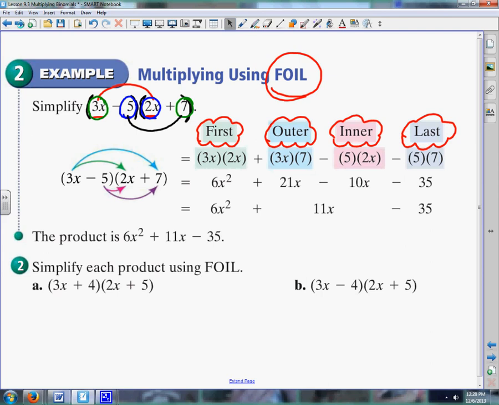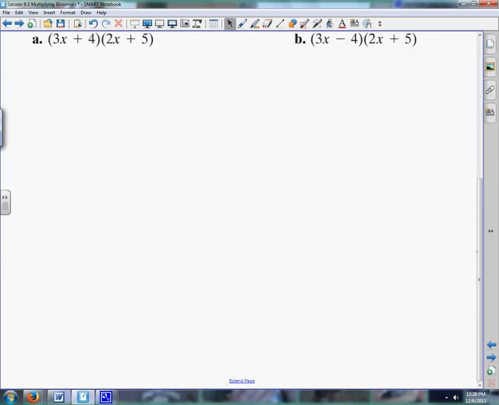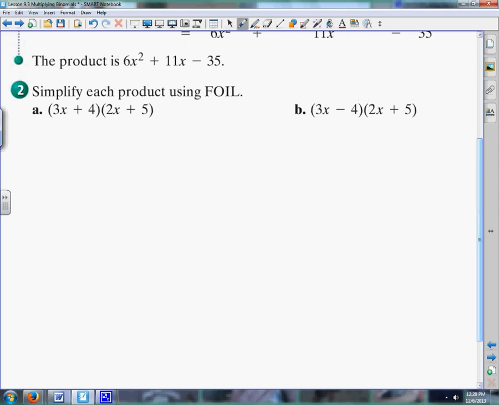So if I were to do A, I'll show you how to do this. First I'm going to do 3x times 2x, which is 6x squared. Outside is 3x times 5, so that's 15x. Then I do the inside, 4 times 2x, so that's 8x.